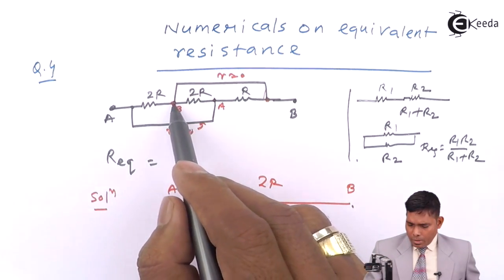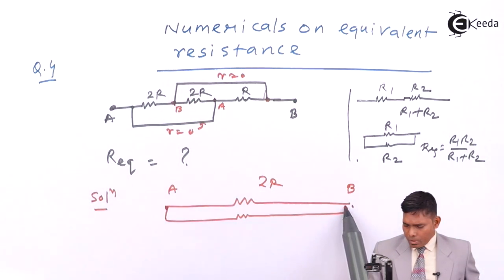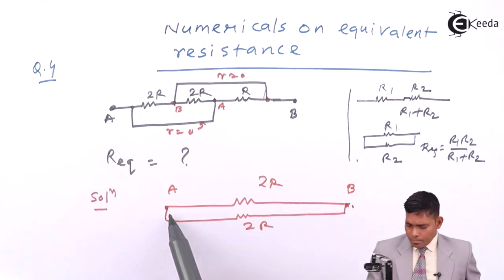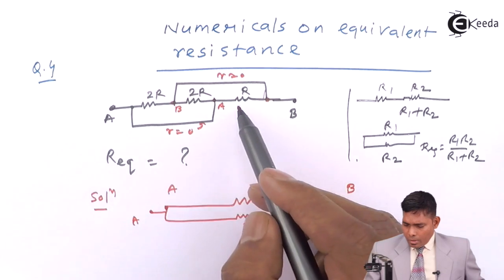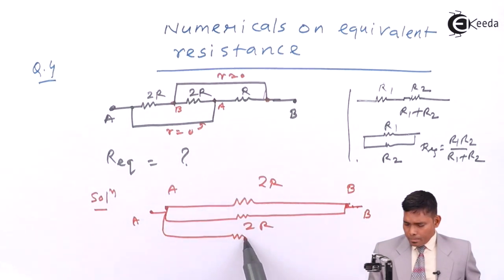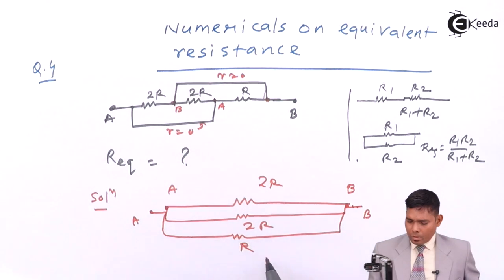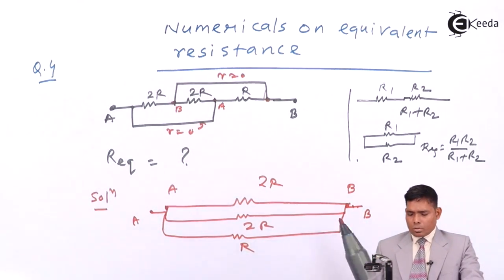Again between B and A there is one resistor 2R. Again between A and B there is another resistance R. That means these 3 resistors are in parallel. Now it is easy to solve.